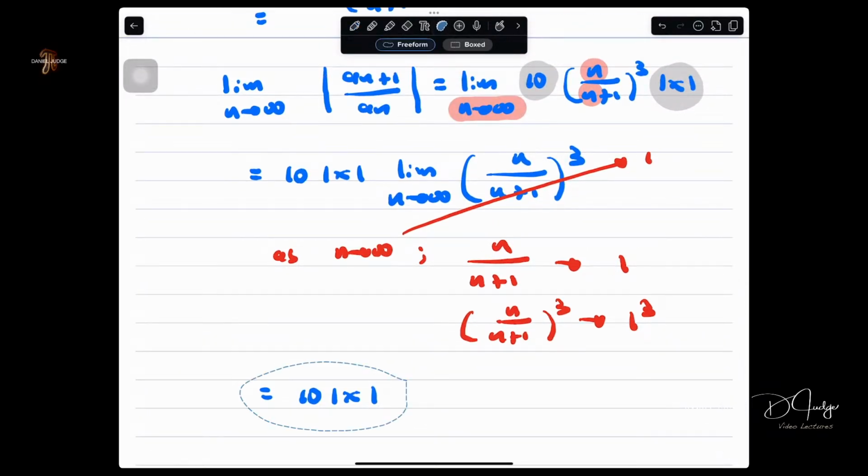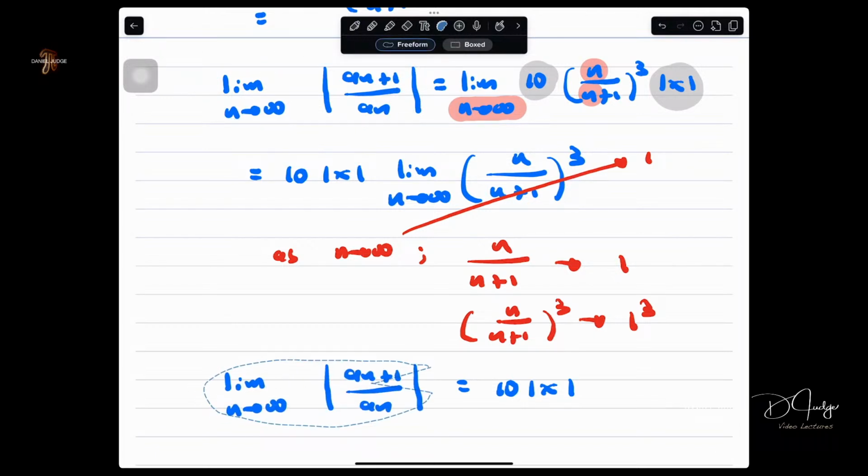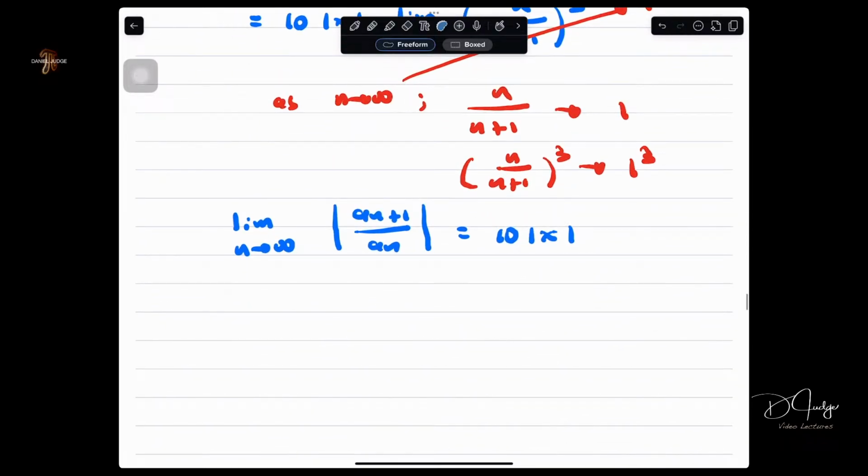So I didn't do this earlier, but maybe I'll do it now. I'm going to copy this portion here to emphasize what's happening. By the ratio test, we require that this limit here be less than 1 for convergence. So this portion has to be less than 1 so that we have convergence here.